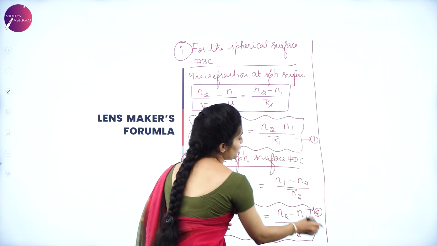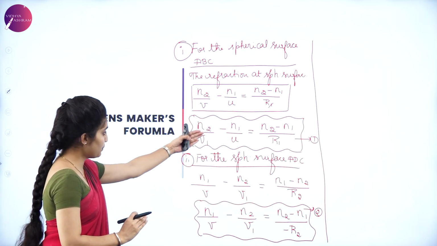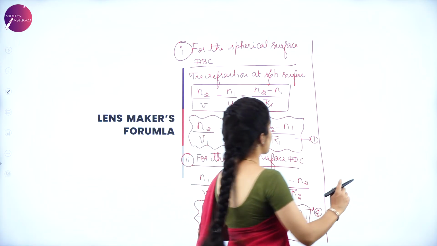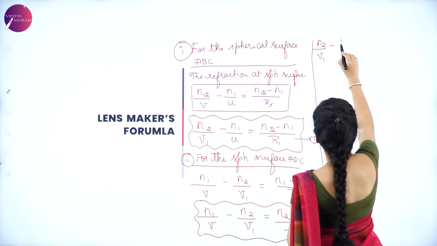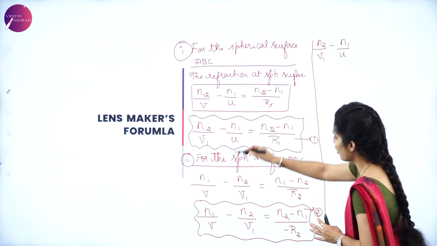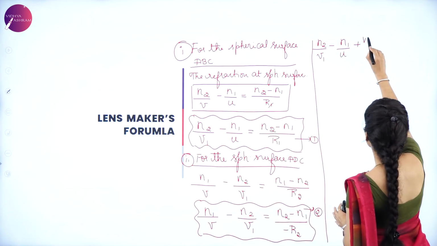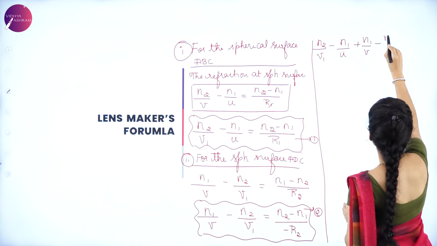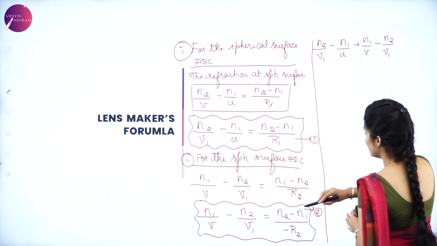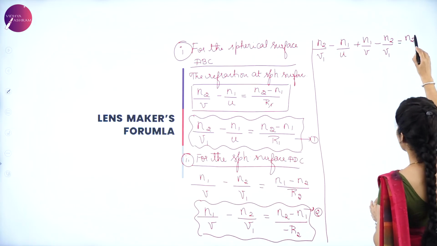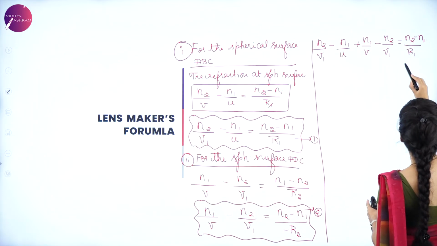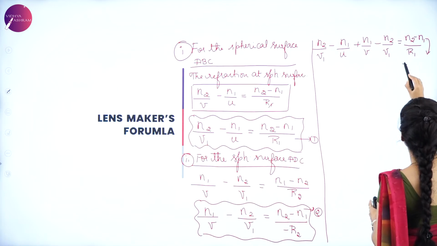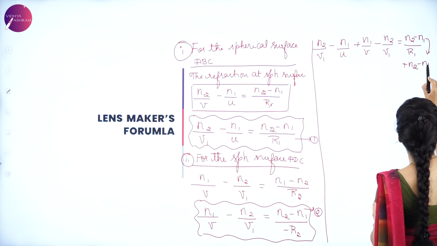Now, having two equations, we will have to add the first equation and the second equation. On adding, what do you get? N2 by V1 minus N1 by U, adding all the left hand side parts, plus N1 by V minus N2 by V1, is equal to N2 minus N1 divided by R1, plus N2 minus N1 divided by minus R2.